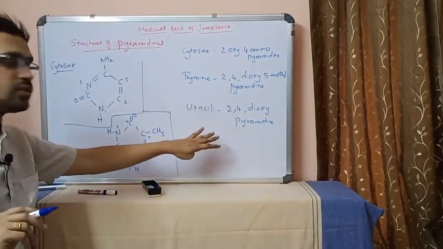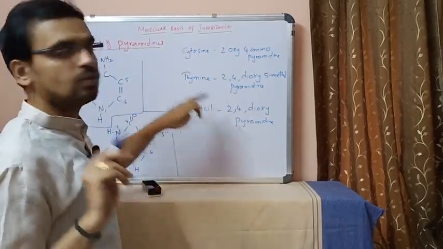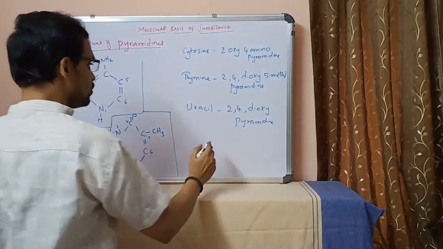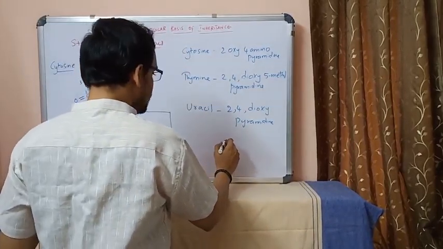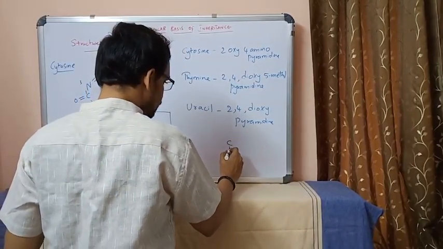So uracil is also pyrimidine. So first let us draw the general structure of pyrimidine.